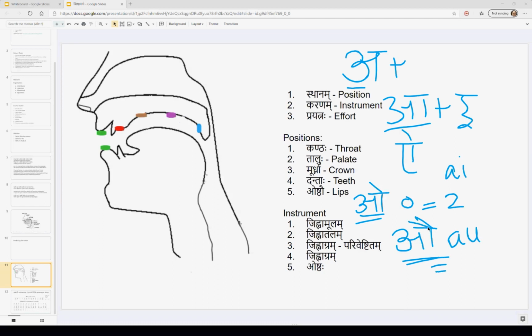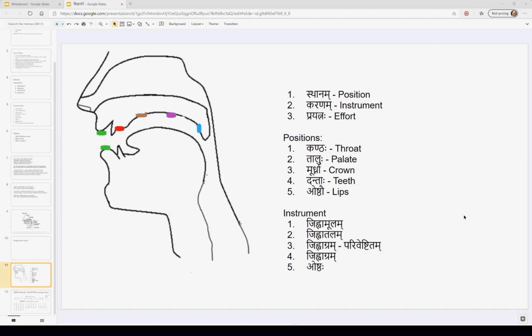O consists of A and U pronounced in quick succession, in total 2 matras.